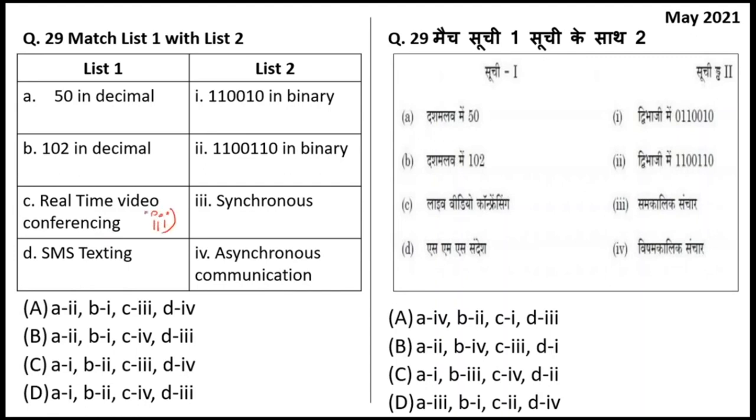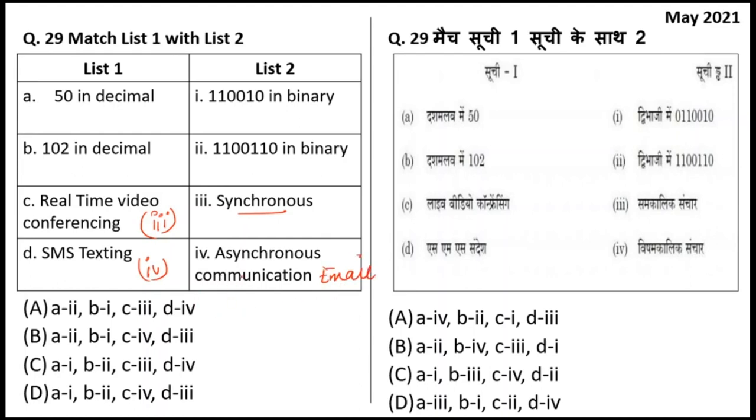Yes, because synchronous communication is when the people who are communicating are present at the same time. But in asynchronous, they are present at different times. SMS texting is a kind of asynchronous media. Also, email is an example of asynchronous media.